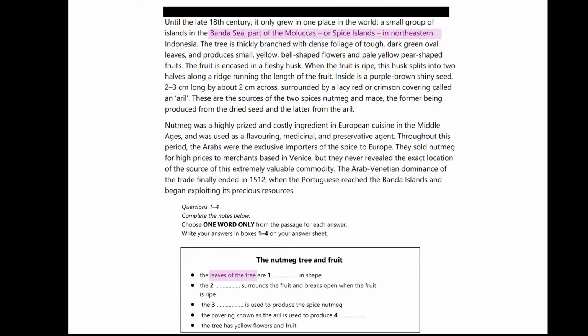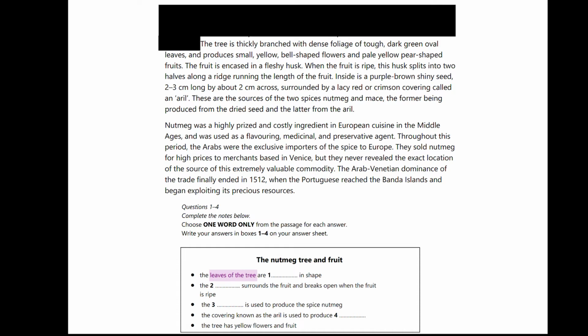So this is no good either. The next sentence talks about the leaves. We found it. Question 1 is asking us what shape the tree is in. So here we need to find the word that talks about the shape of the tree. The answer should then be oval.